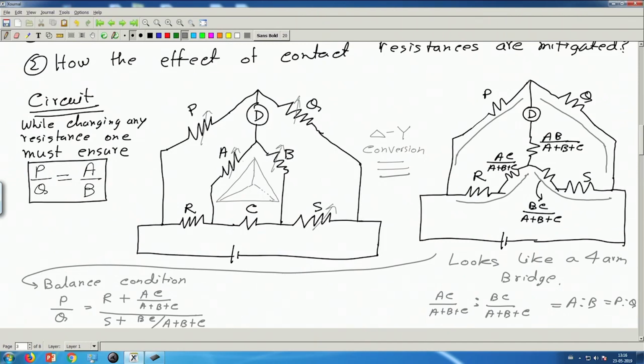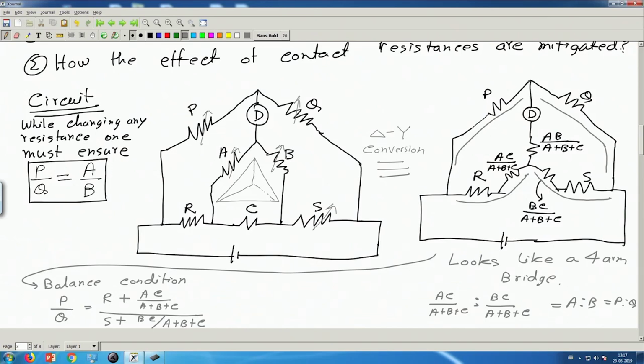So this AB is dividing this contact resistance in the same ratio as A is to B. So this part is becoming proportional to A and this part is becoming proportional to B. So I often call it a resistance divider. This is my terminology. Like we have a potential divider, this is like a resistance divider.